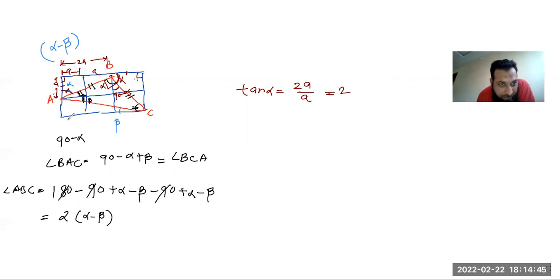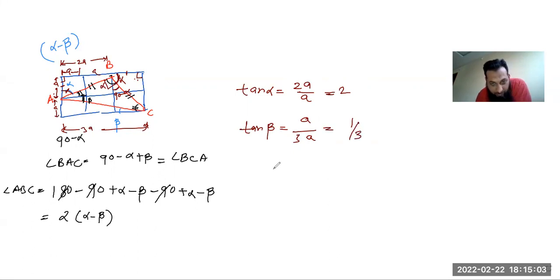Similarly, we can work out beta. This whole length is 3 times A because all of them are A. And again, this height is A, same. So tan beta you can work out, which is nothing but A divided by 3A, which is equal to 1 upon 3. Now, we have to find alpha minus beta.